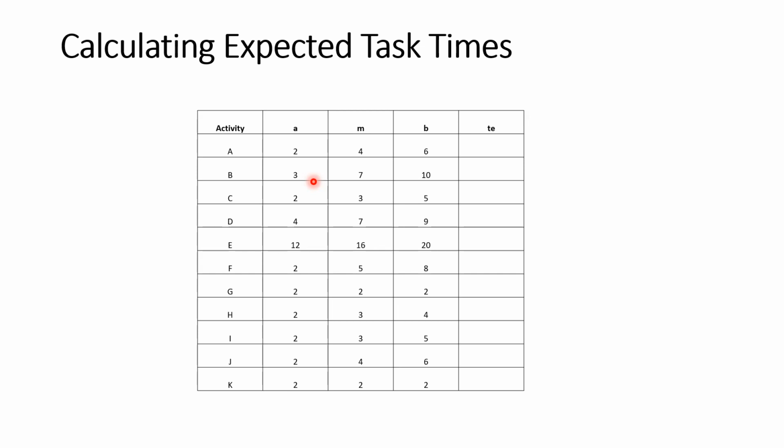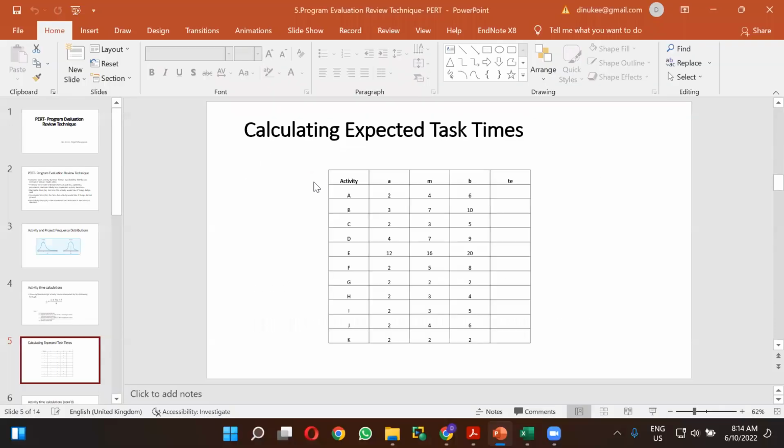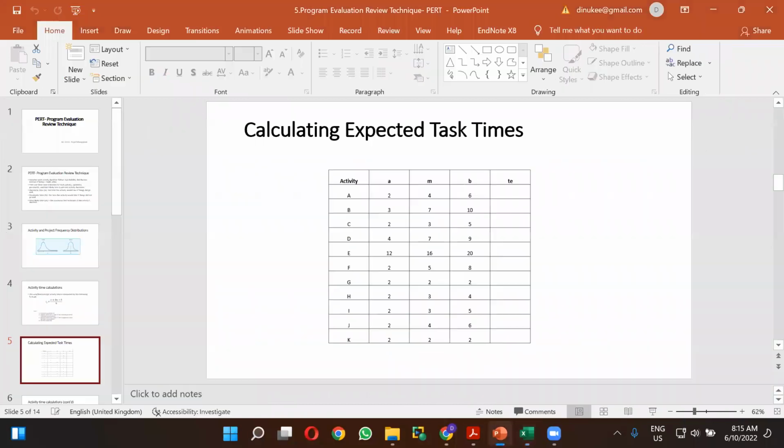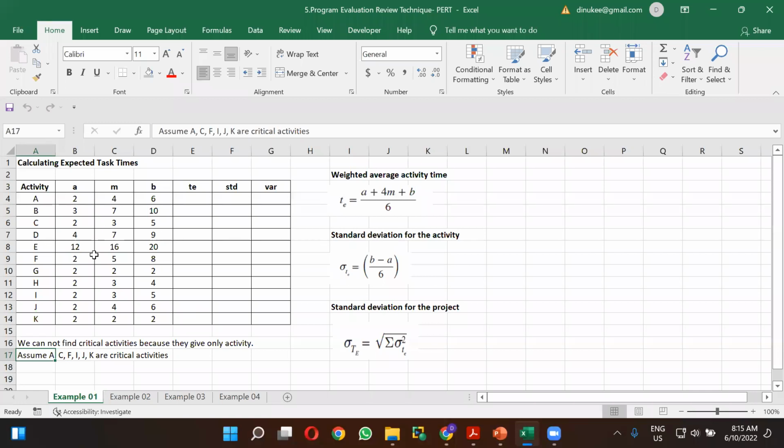So I will now go to the Excel sheet. Right. So in this Excel sheet, I have put the same question. I have actually copy pasted it into the Excel sheet, right? So can you all work with me? We have now known how to calculate the weighted average activity time.